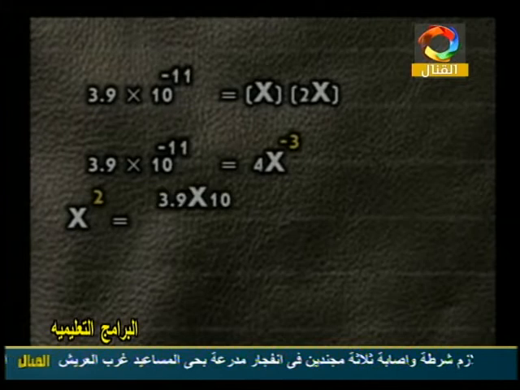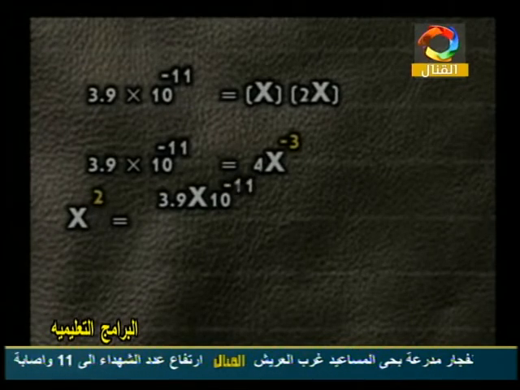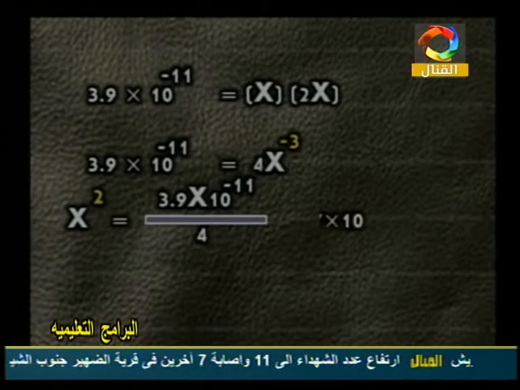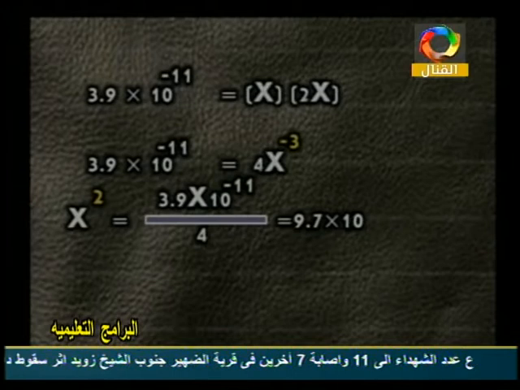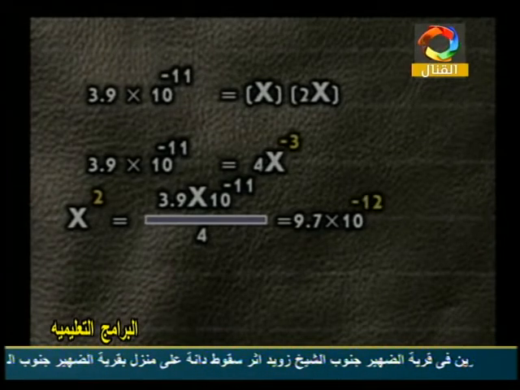Don't forget the power, what? Cubed. All the time we say that. X cubed equals 3.9 by 10 power negative 11 divided by 4. What is the result? The result will be 9.7 by 10 power negative 12.